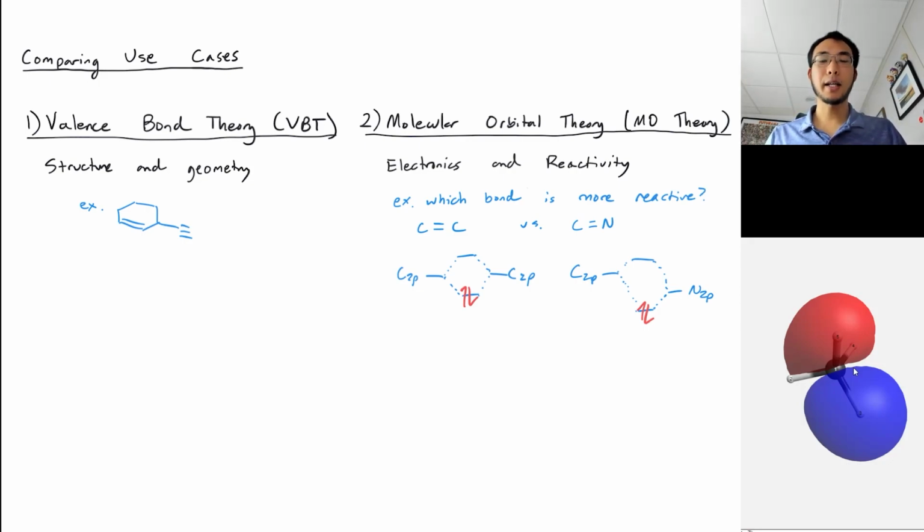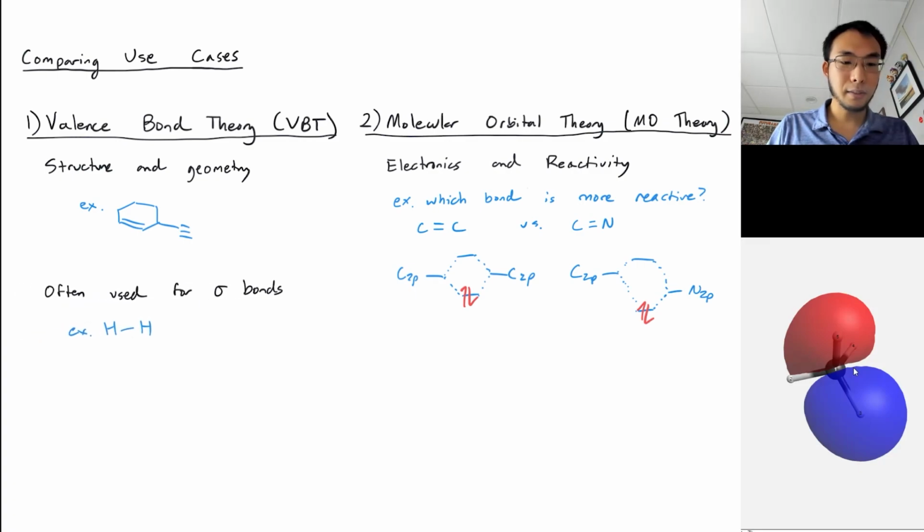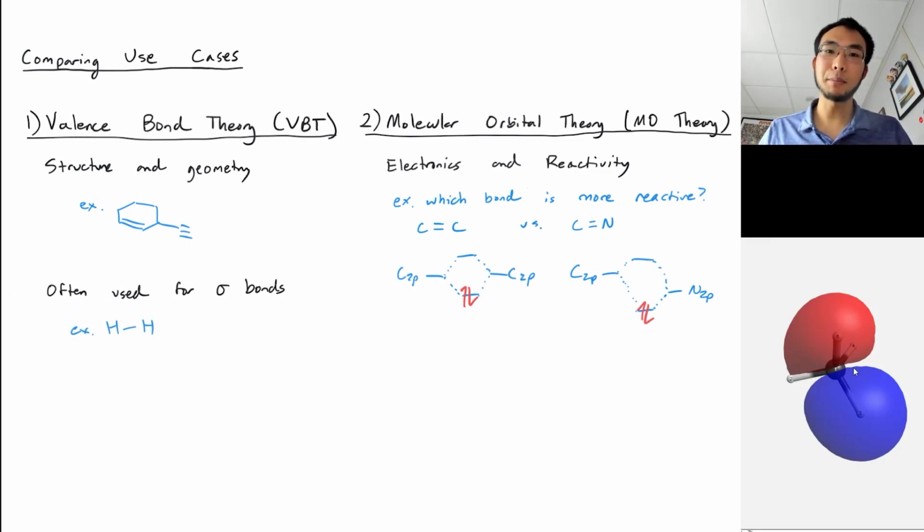Another way that you can divide up the usage of valence bond theory and molecular orbital theory is to think about the different types of bonds in the molecule. Valence bond theory tends to be most useful for thinking about sigma bonds. To remind us what those are, sigma bonds are when you overlap two atomic orbitals in a way that makes a cylindrical geometry.